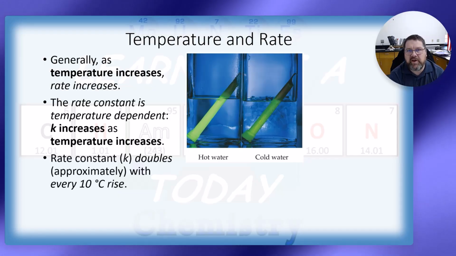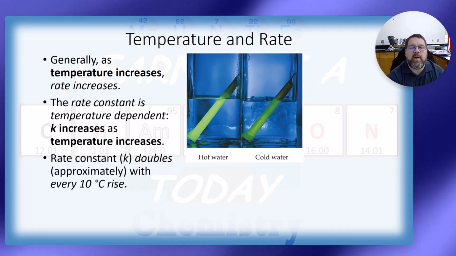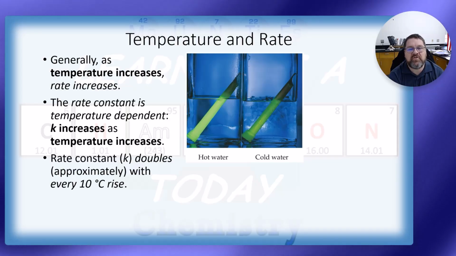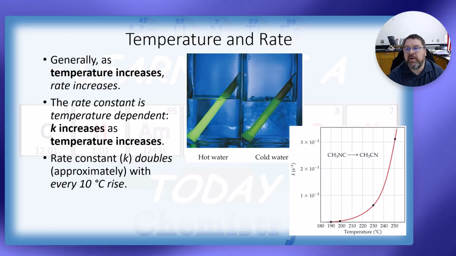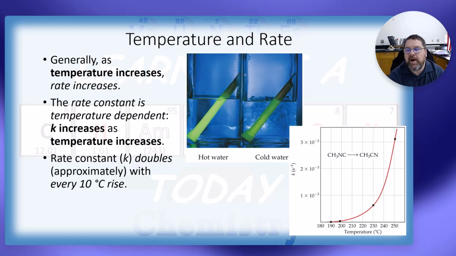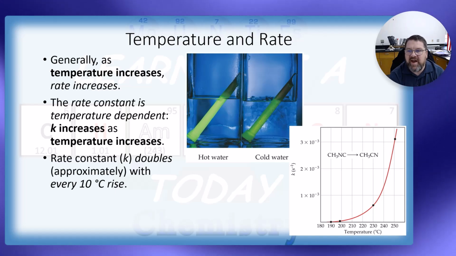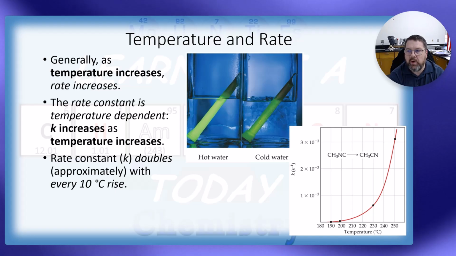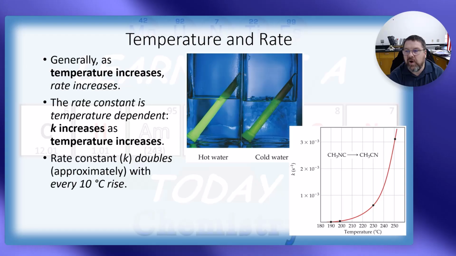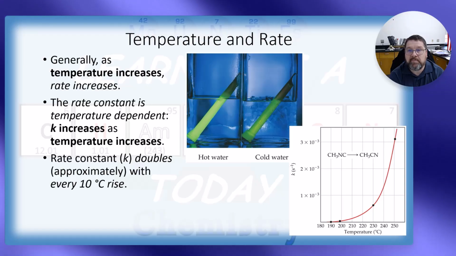Generally speaking, as a rough rule of thumb, the k value will double approximately for every 10 degrees Celsius temperature rise in a given reaction. So if we look at the reaction that we've been looking at for the reaction profiles, you can see that the reaction rate for that process starts to grow very rapidly for every 10 degrees Celsius rise.